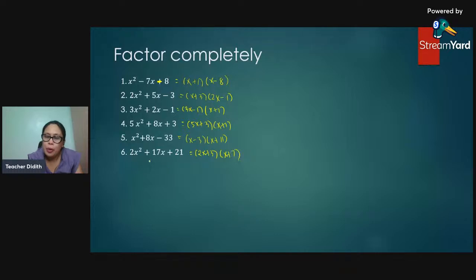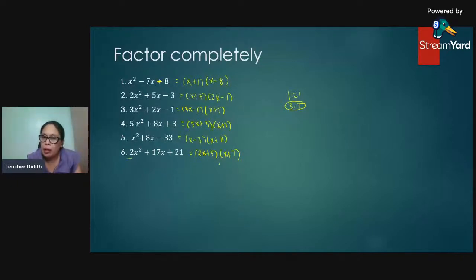Okay. Now, for 2x squared, guys, the factor is 2x and x. For 21, we know that we have 1 and 21, we also have 3 and 7. So why did we choose 3 and 7?